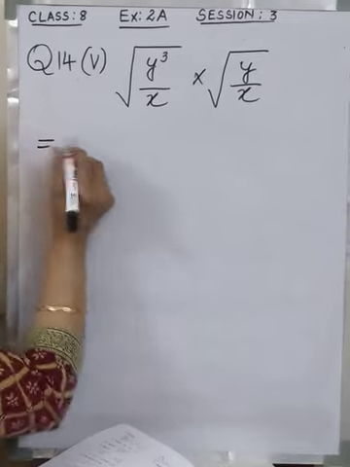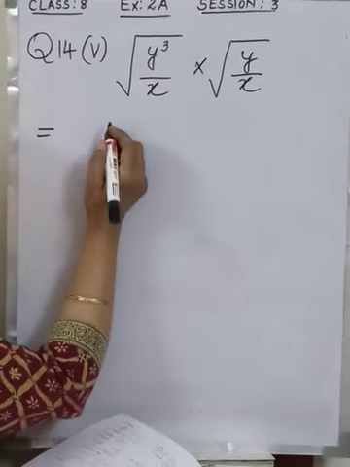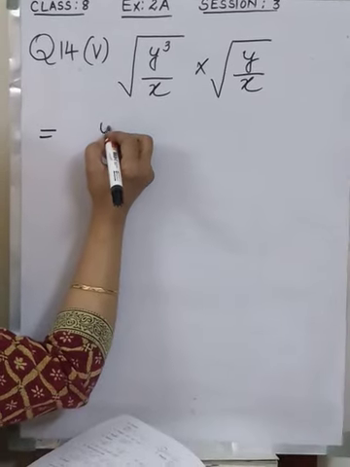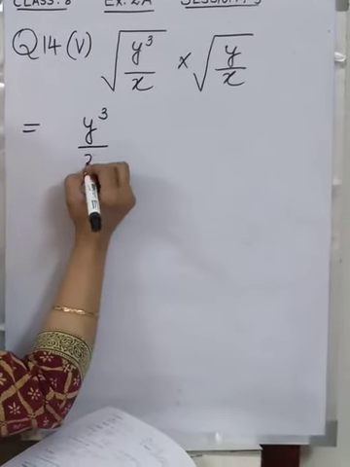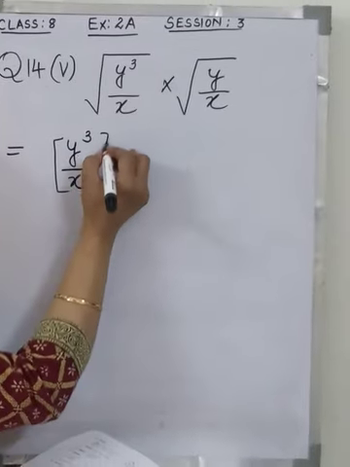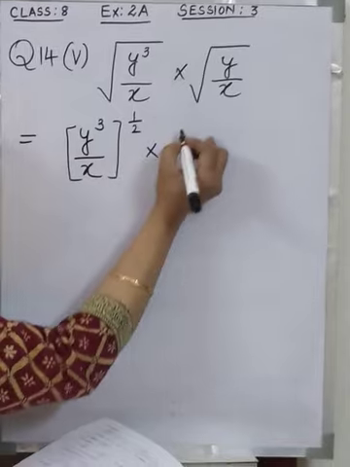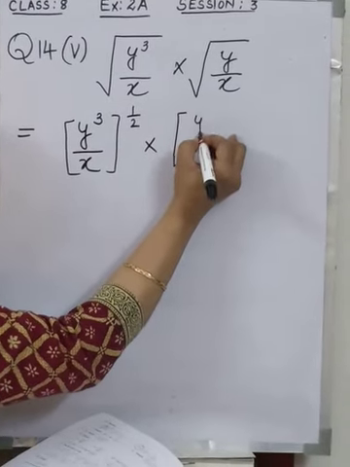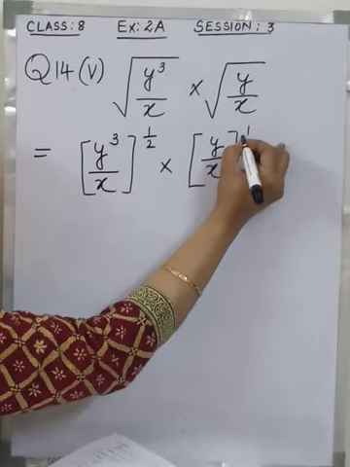See, if you look at the symbol, this symbol stands for square root. That means the power is 1 by 2. So I write 5 to the power 3 by x whole to the power 1 by 2 into y by x whole to the power 1 by 2.